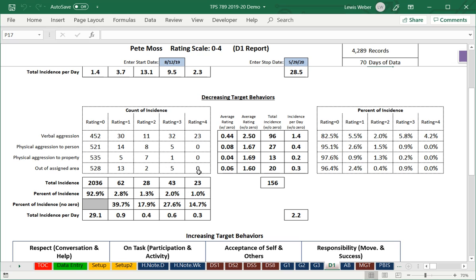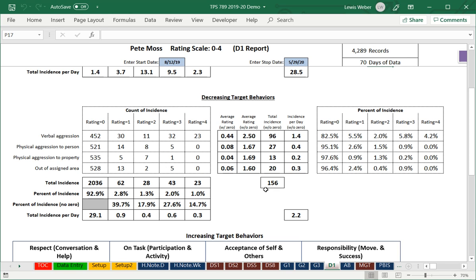So that's listed as a 0 here and a 0% here. We look at this number, we can say there were 156 academic blocks or recording blocks when some kind of verbal aggression, physical aggression to a person, physical aggression to property, or out of the assigned area was observed.